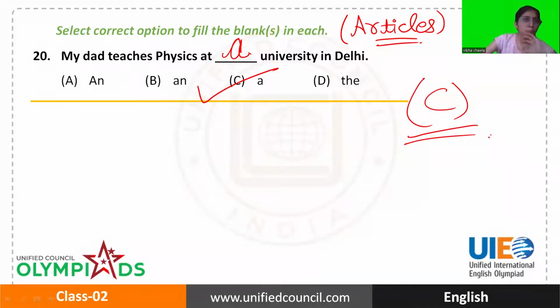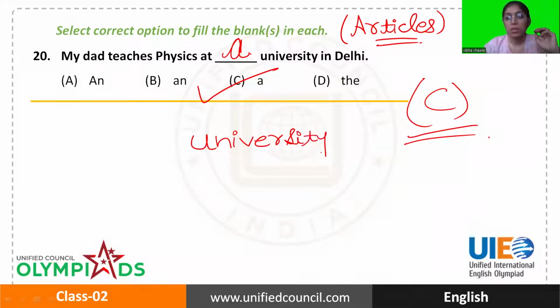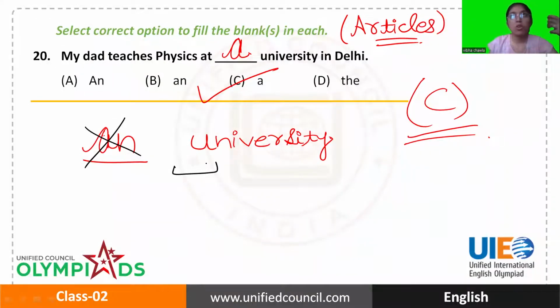Now, one more thing, a pro tip while solving questions of articles: never go by the letter. Always go by the sound. Never ever go by the letter, always go by the sound. Because if you go by the letter U, you may end up making this mistake of writing an with university, which is incorrect. Because see, the sound is of a consonant, U, university.